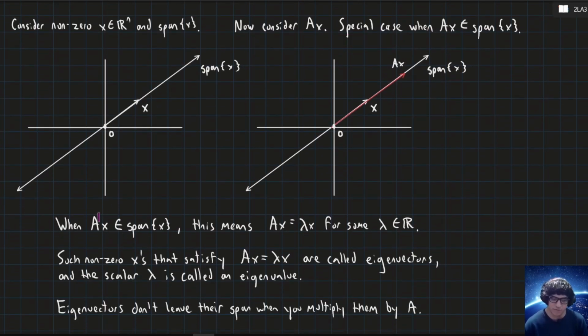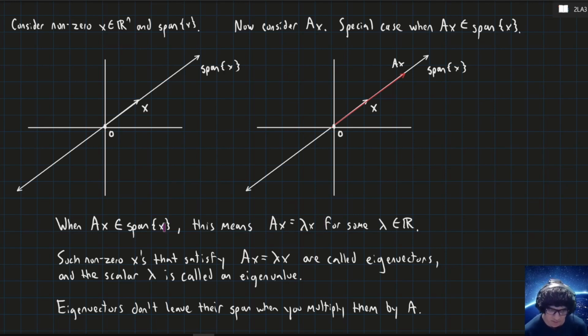So if Ax is inside the span of x, that means what? That means that Ax equals lambda x for some number lambda. Remember, the span of x is all multiples of x. So if Ax is in the span, it has to be of this form.